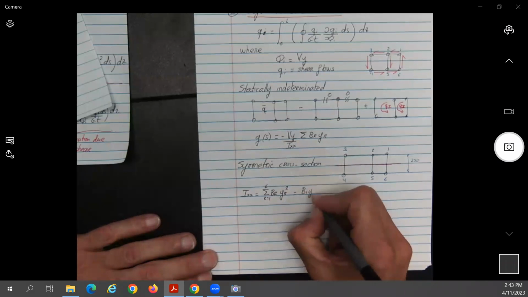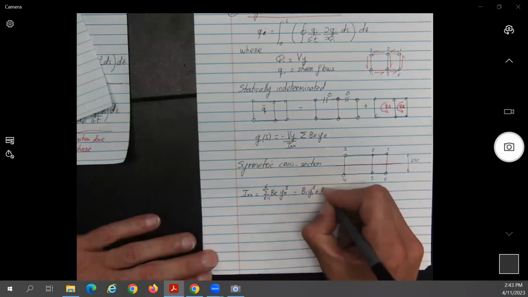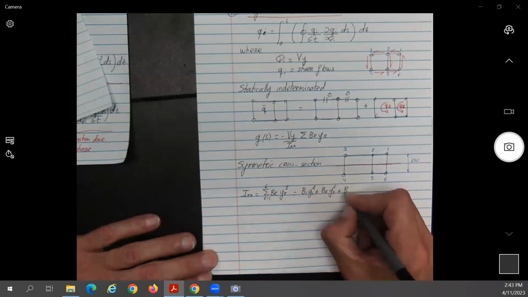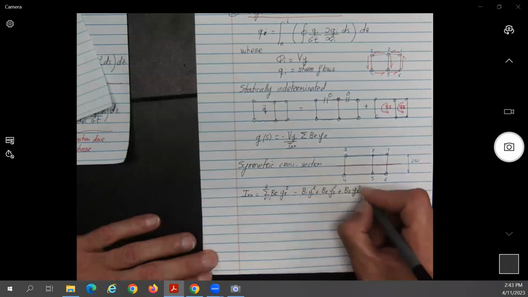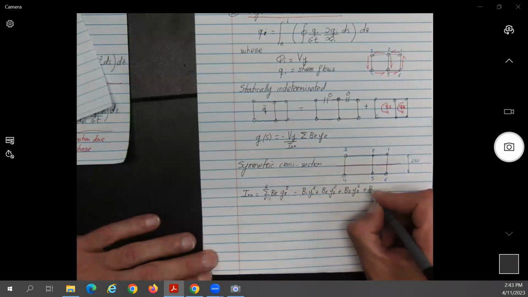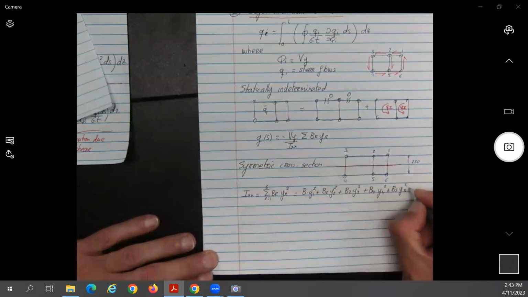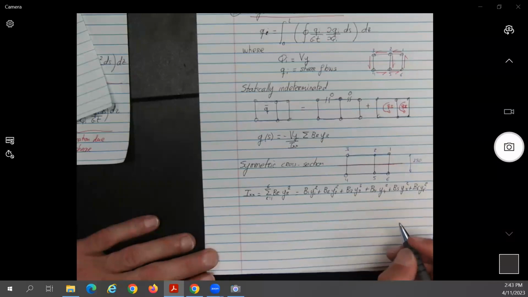If you want, B1, Y sub 1 squared plus B2, Y sub 2 squared plus B3, Y sub 3 squared plus B4, Y sub 4 squared plus B5, Y sub 5 squared plus B6, Y sub 6 squared.